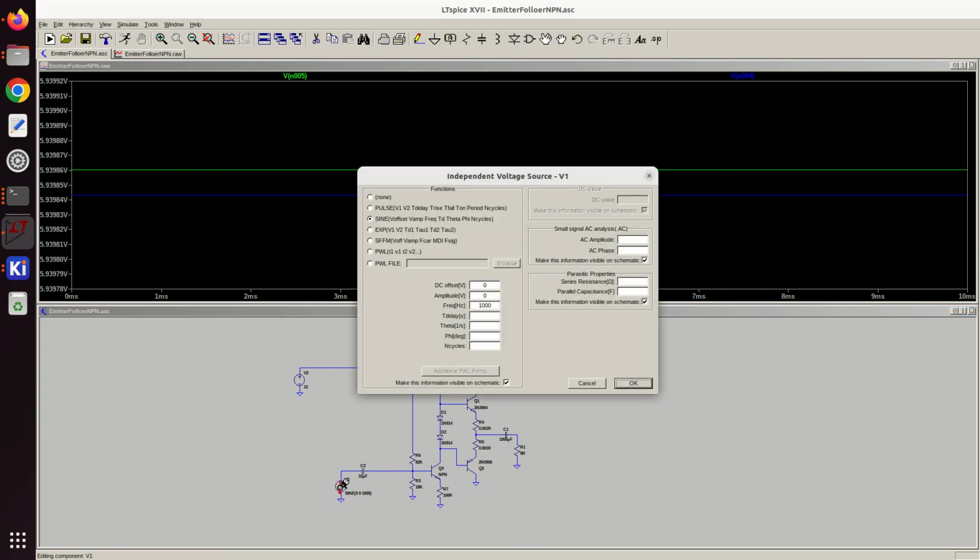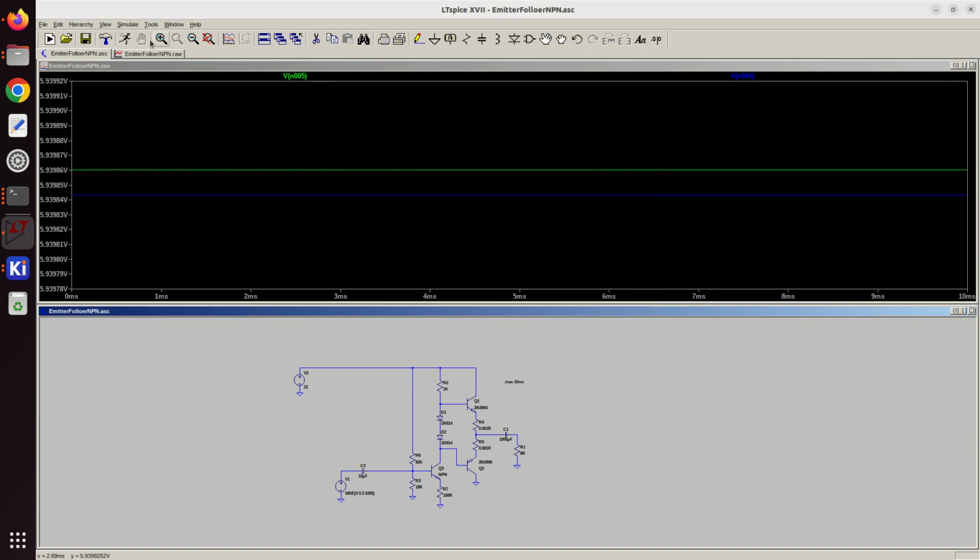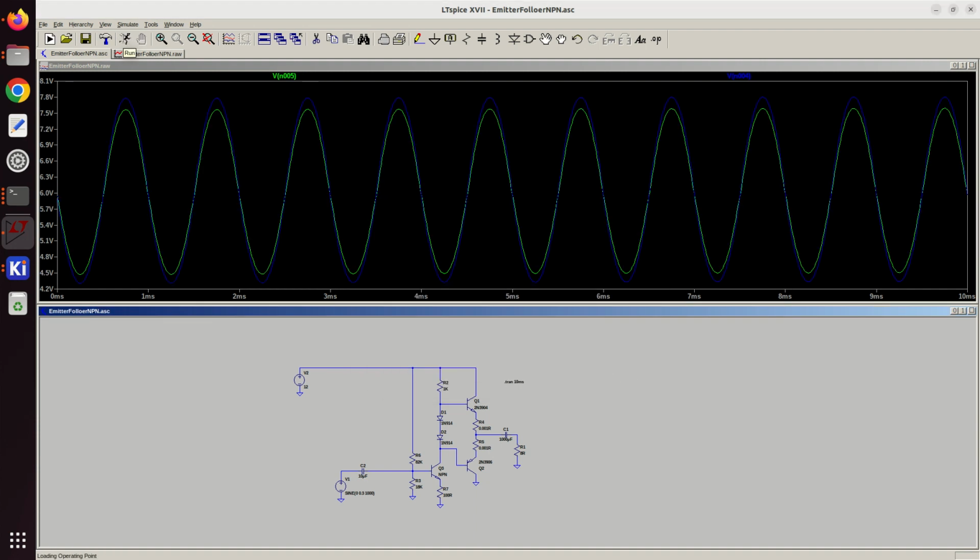So now we can adjust this guy again to 0.3 and simulate. So now we're getting a nice sine wave on the output, and so what is the voltage? The voltage is 1.5.